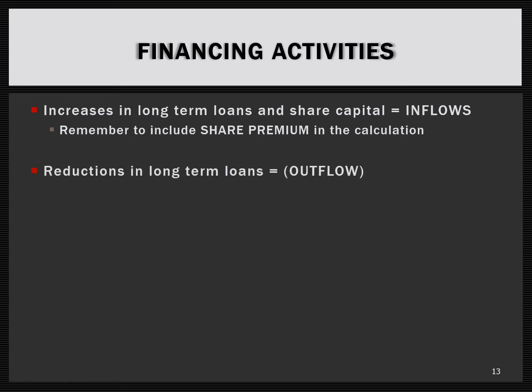Reductions in long-term loans will be an outflow of cash. And don't forget dividends paid in the period to shareholders. That goes into the financing activities section as an outflow of cash from the bank account. Dividends received on investments will go into the investing activities section.